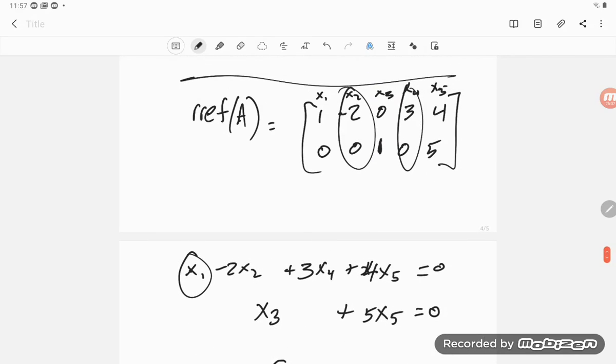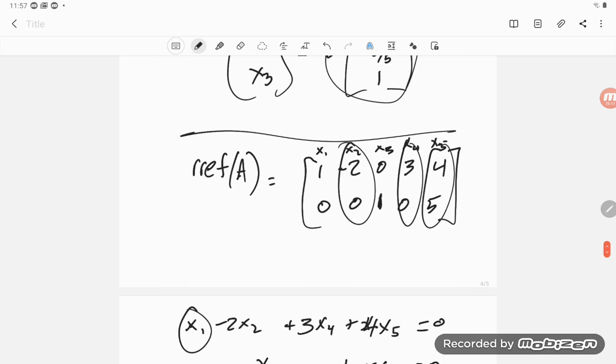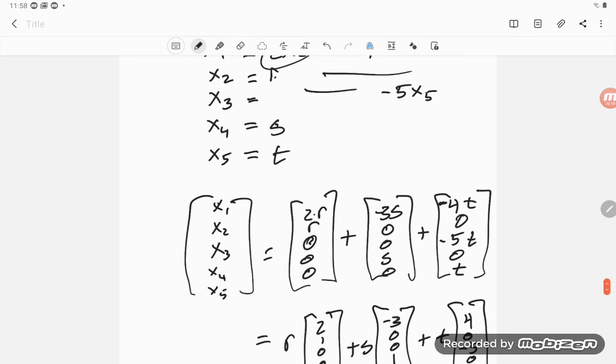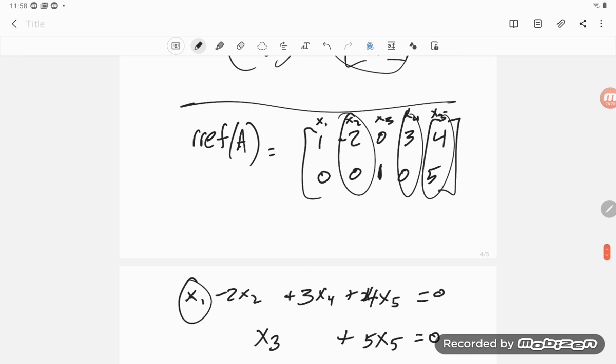Okay, so we had then the negative 4 and the negative 5 from that. So I just placed those in these vectors, but then I had to keep my spots for the columns here that go with variables, so x2, x4, x5, that weren't leading columns.